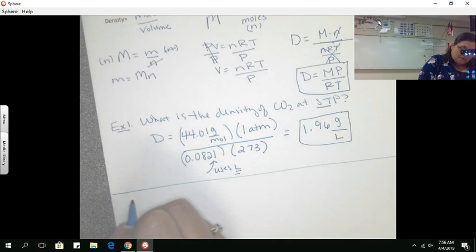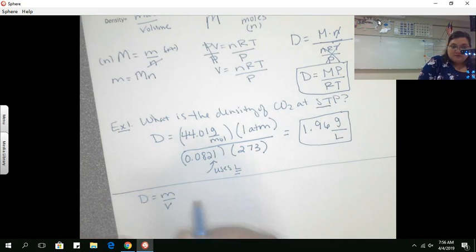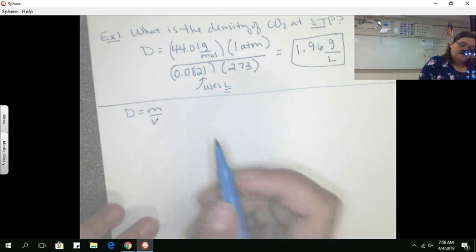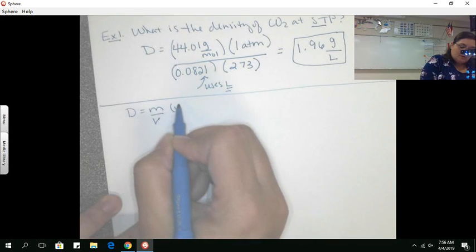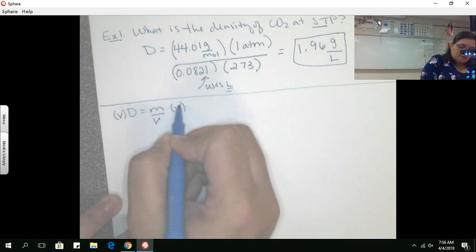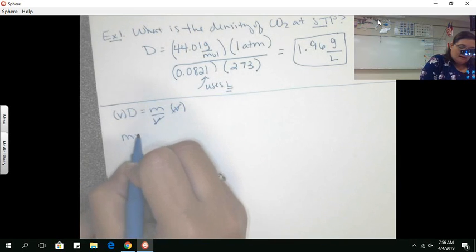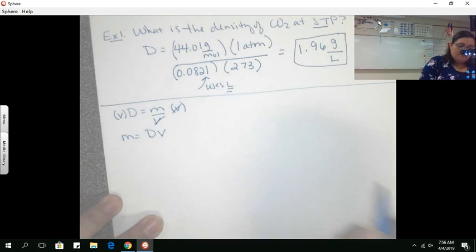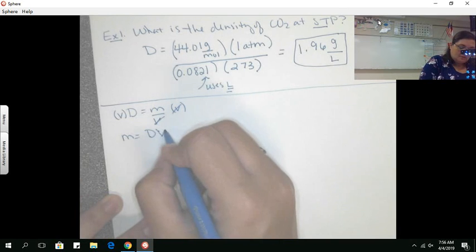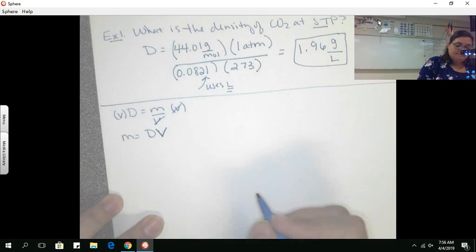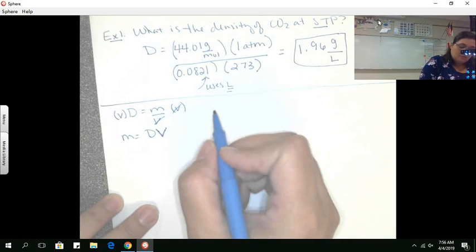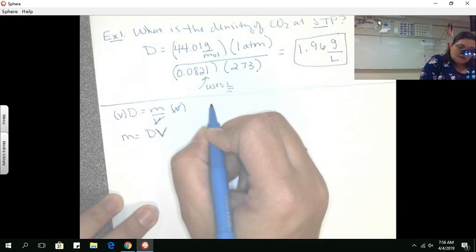To solve density for mass, we would say density equals mass over volume, right? To solve for the mass, we multiply volume on both sides, and so we would get that mass is equal to density times volume, right? So then for molar mass, we need moles, so we need to use ideal gas law to get us to moles.